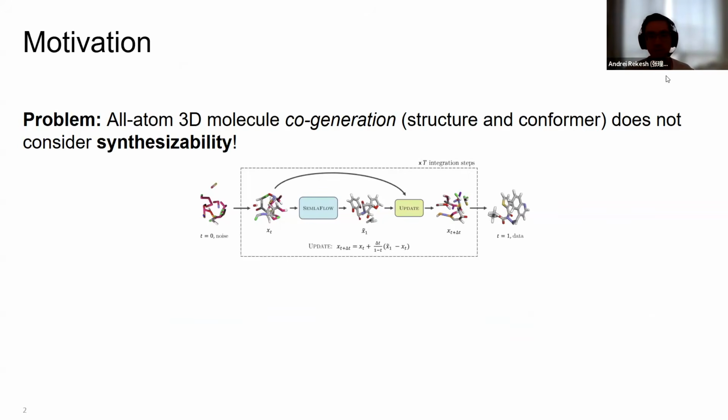So the landscape of all atom 3D molecule co-generation is such that there's a lot of models that design both atoms and bonds and coordinates. Generally, cogeneration for small molecules works quite well, but in practice, when molecules are synthesized, they're not made atom by atom.